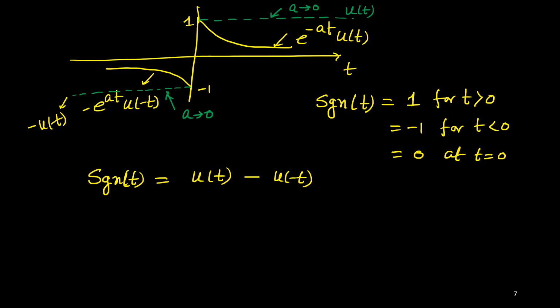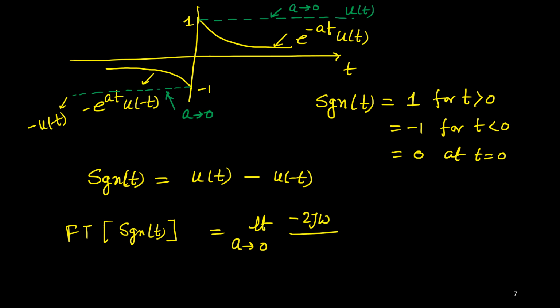So we have obtained the Fourier transform of the signum function by taking the limit a tends to 0 of the Fourier transform of e to the power minus at u of t minus e to the power at u of minus t, and that value is minus 2j omega upon a square plus omega square.